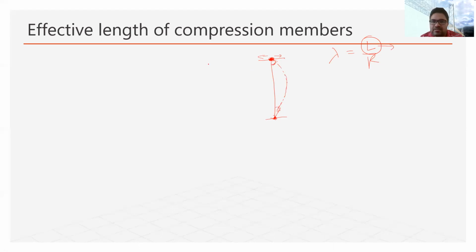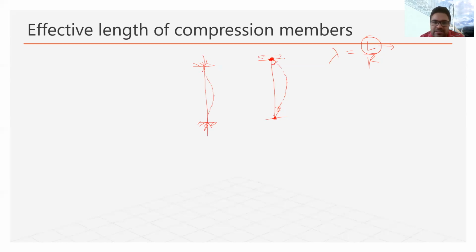Similarly, if I say that the column ends are fixed, it means the failure pattern, if the load is applied like this, will have a deflected shape of the column like this.